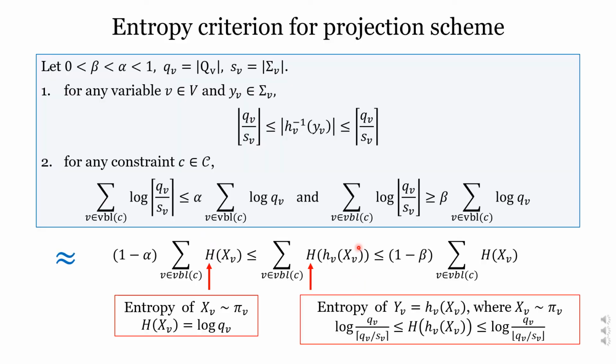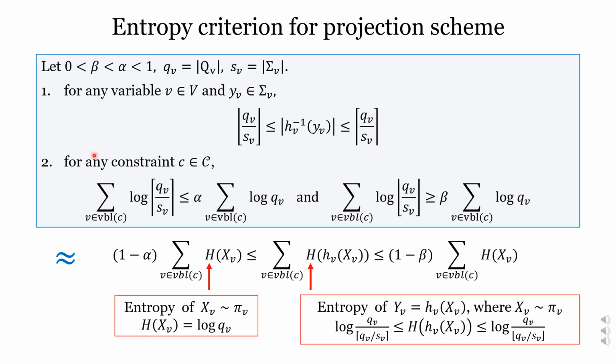Formally, the projection scheme should satisfy the entropy criterion. For each vertex v, the number of assignments Q_v is partitioned into S_v buckets. The first item is to make sure that the sizes of the buckets are almost the same.